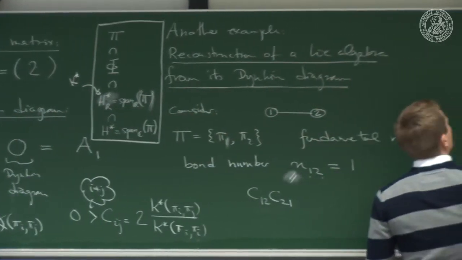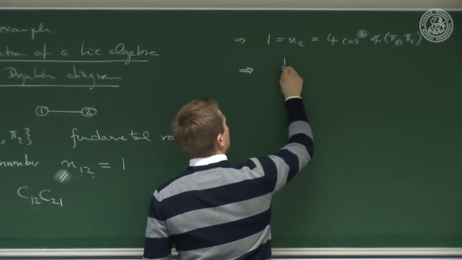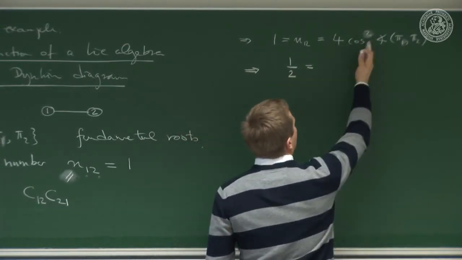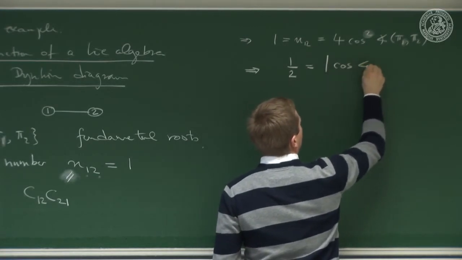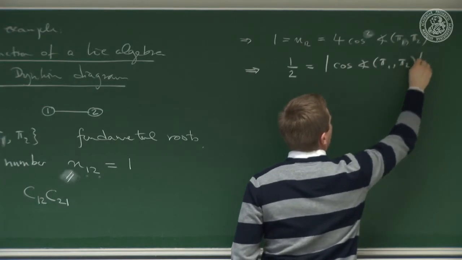Now, of course, we can take the square root here with some care. So this is 1/2, but then it's the absolute value of the cosine of the angle between the two.